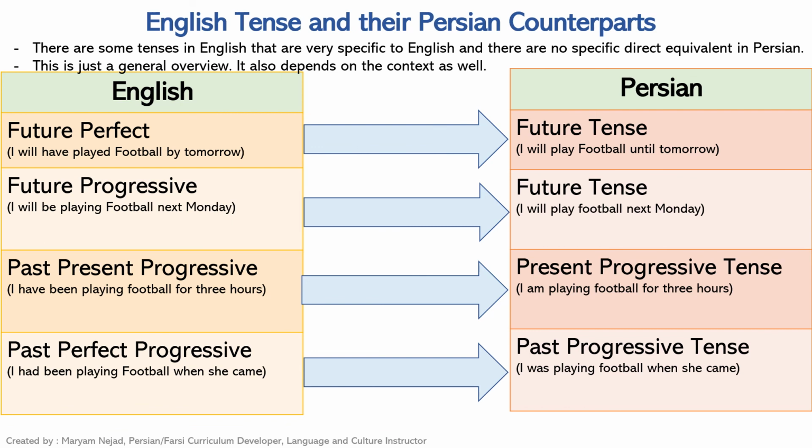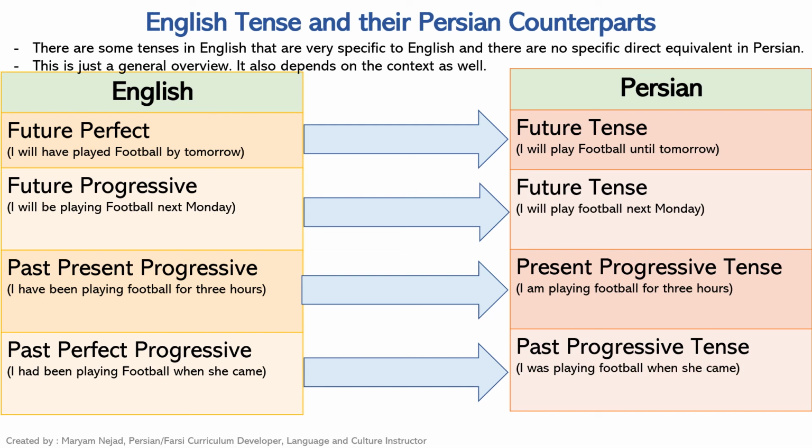And there are some tenses in English that have no direct counterparts in Persian. For example, the future perfect in English is just the future tense in Persian. Or the future progressive in English is just the future tense in Persian. Or the present perfect progressive in English is just present progressive. Or the past perfect progressive in English is just past progressive.